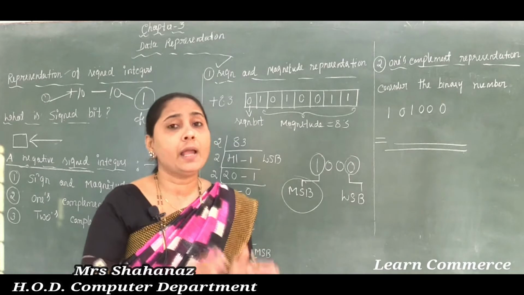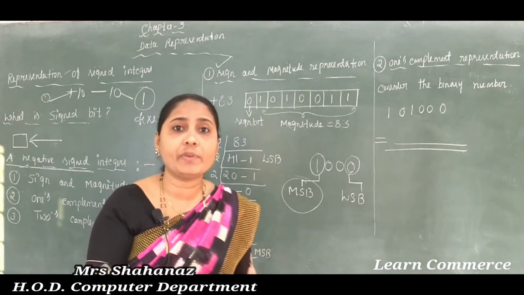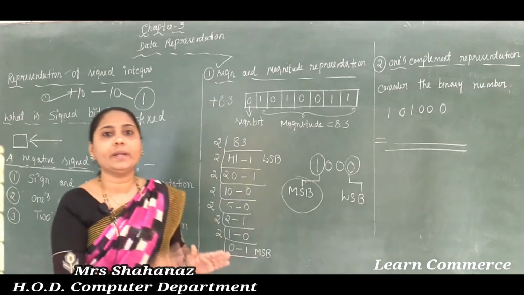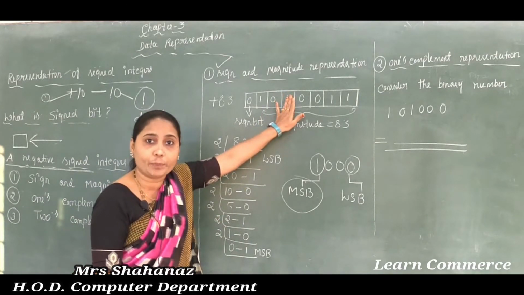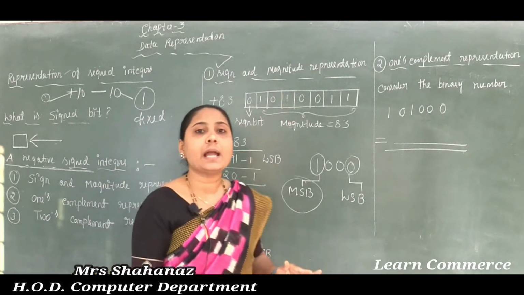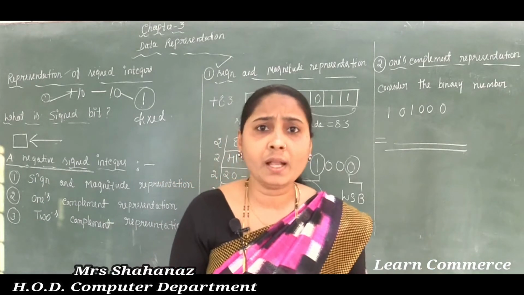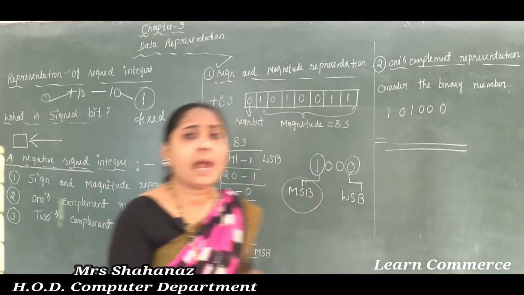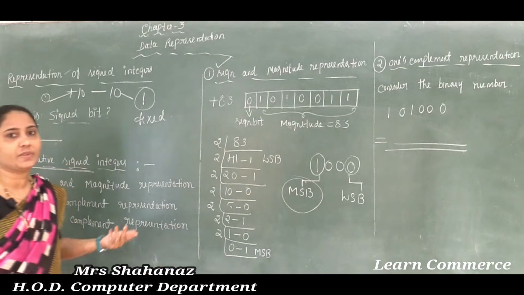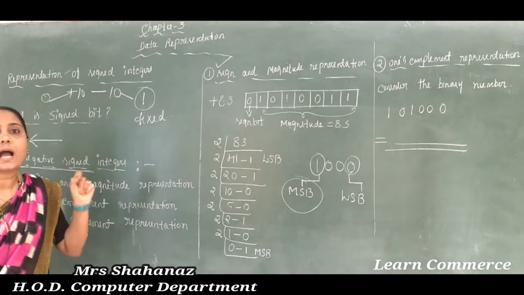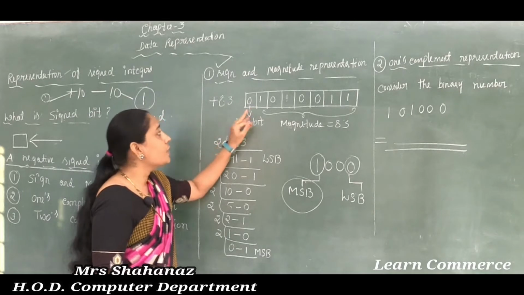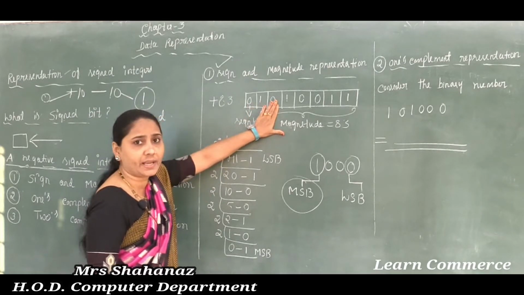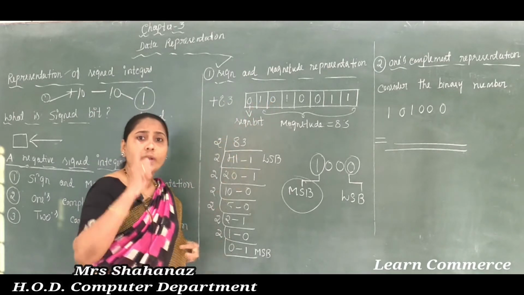So any number having the sign bit as well as the remaining magnitude bits is called the sign and magnitude representation. Clear this one? And where do we use this sign bit? As we know, the MSB is always called the sign bit. Before drawing this diagram, I want to use one example.